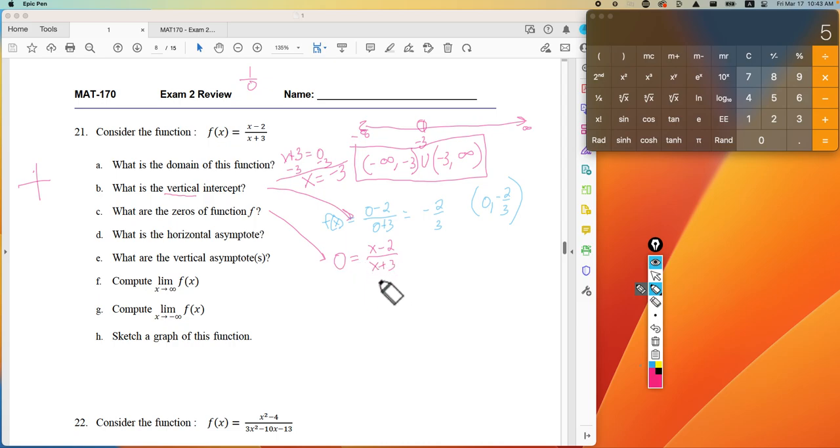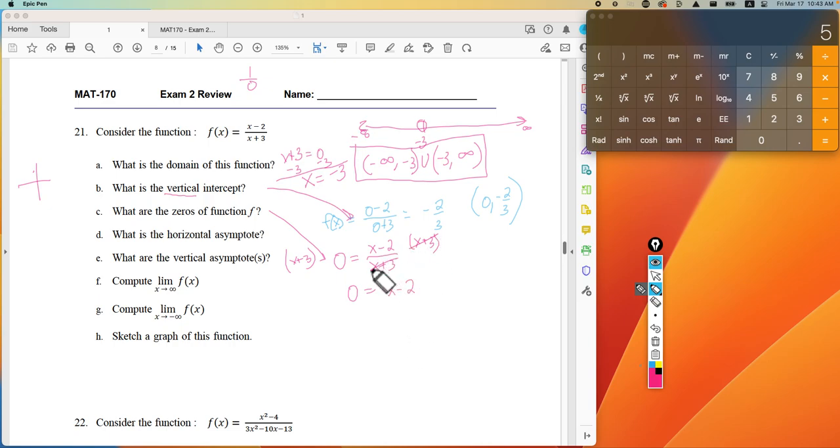Notice we can't have the bottom being equal to 0, so actually we could just multiply both sides by x plus 3. X plus 3 divided by x plus 3 is 1. X plus 3 times 0 is still 0. So a shortcut is just to say, well, if it's going to be 0, it has to be the numerator that's 0.